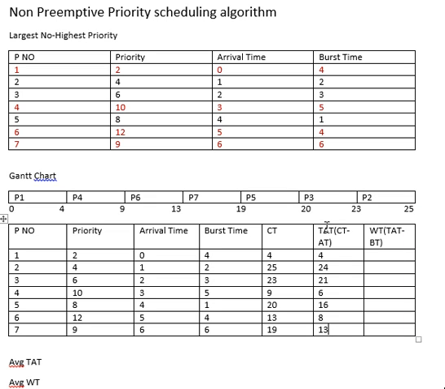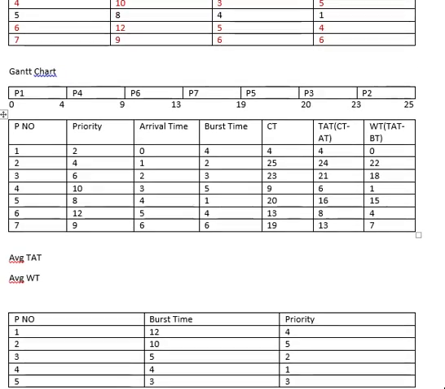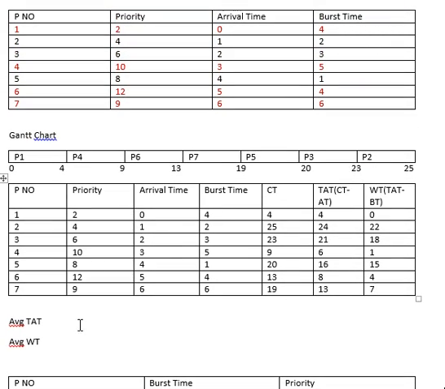Next is your waiting time, that is this column minus this column, so 4 minus 4 is 0, 24 minus 2 is 22, next 21 minus 3 is 18, next is 1, 15, 4 and 7. Alright, so now we have all the values, so we are going to calculate the average turnaround time.